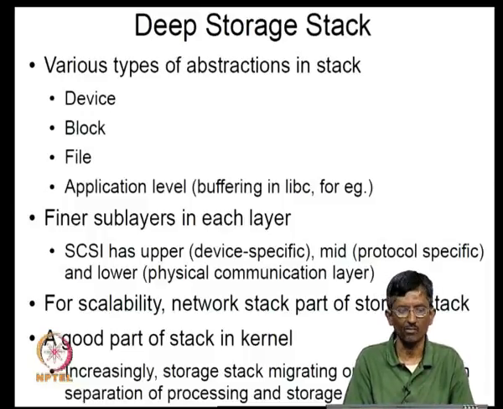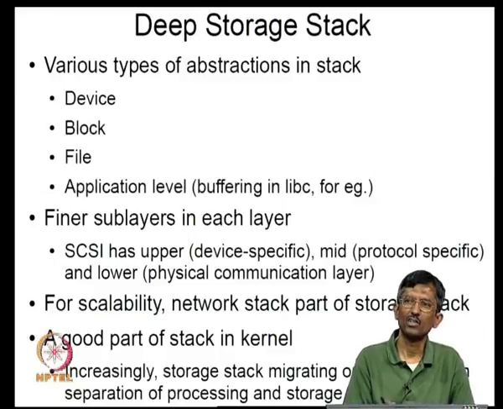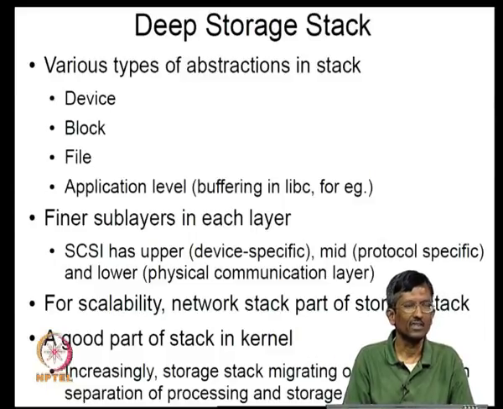What do you mean by saying a storage specific aspect? Basically what we mean by that is that you know that storage is slow. When you are dealing with slow devices, you might have a different way of dealing with them than if you are dealing with fast devices. A good example is, suppose I want to seek to a place, it is going to take 15 milliseconds, let us say.